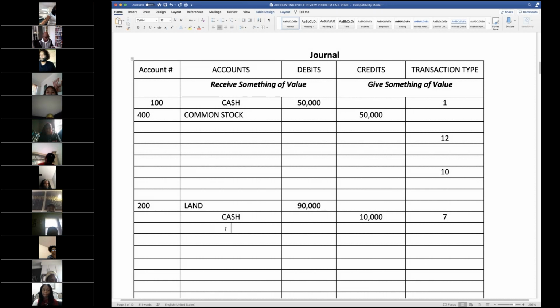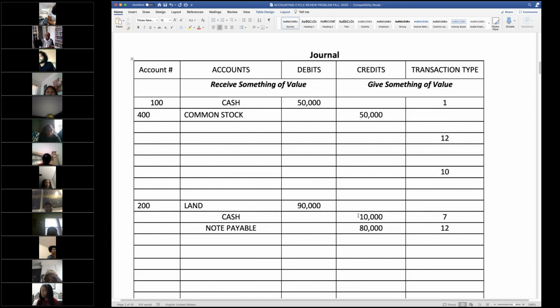Then we sign a note for the balance, right? 80,000. What type is this? 12. So we bought 90,000 worth of land, but we bought it two ways.